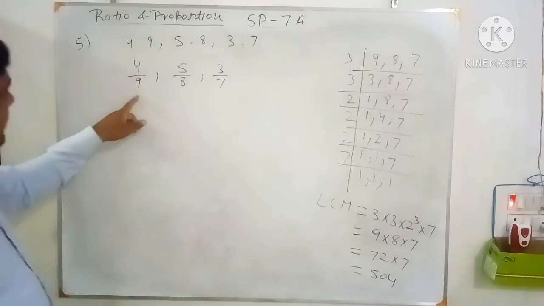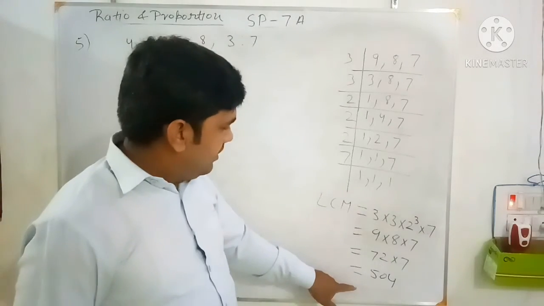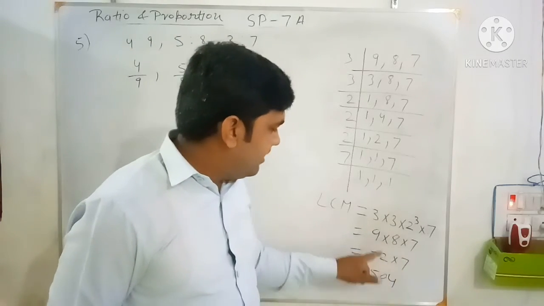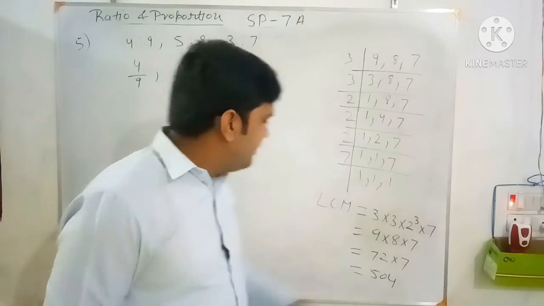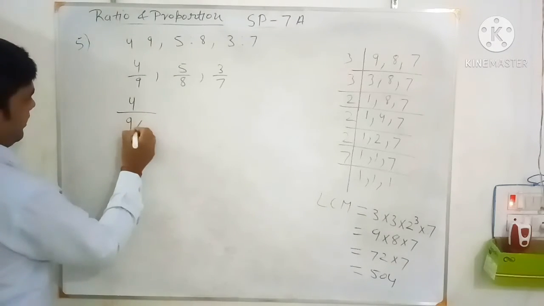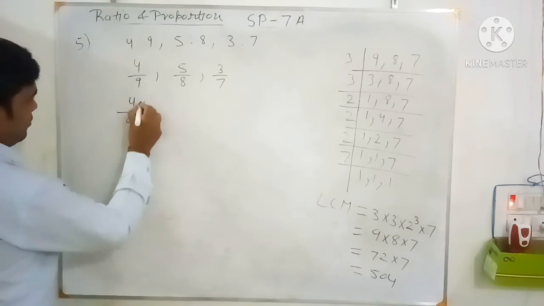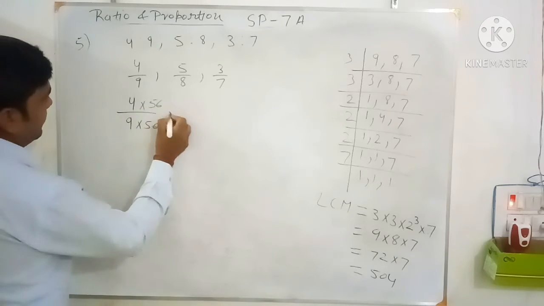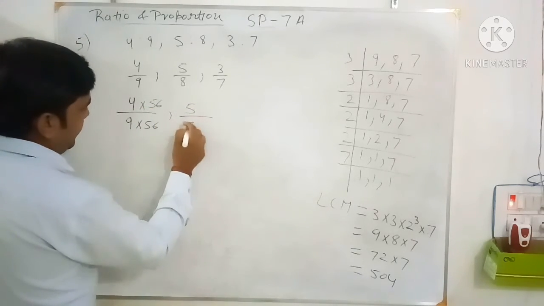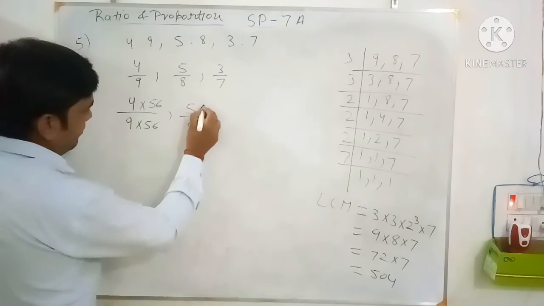So what you multiply 9 to get 504, that is 8 7s are 56. See, 504 is 9 into 8 into 7. So in the 9 you need to multiply 8 7s are 56. So here in 9 you multiply 56. So to the numerator also you need to multiply 56. Now 5 by 8. What you multiply in 8 to get the LCM 504?